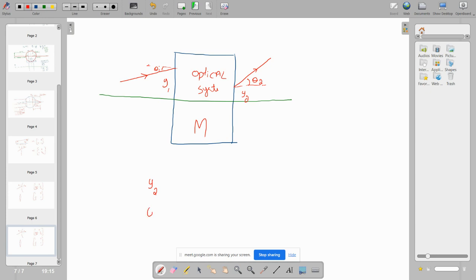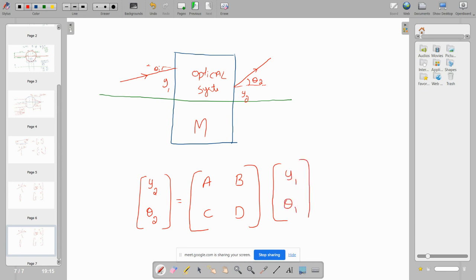So a transfer matrix or ray tracing matrix will define this particular system in terms of four letters ABCD, which is given like y2 and theta 2 is equal to A, B, C, D times y1 and theta 1. If you define y1 and theta 1, then it will give y2 and theta 2.